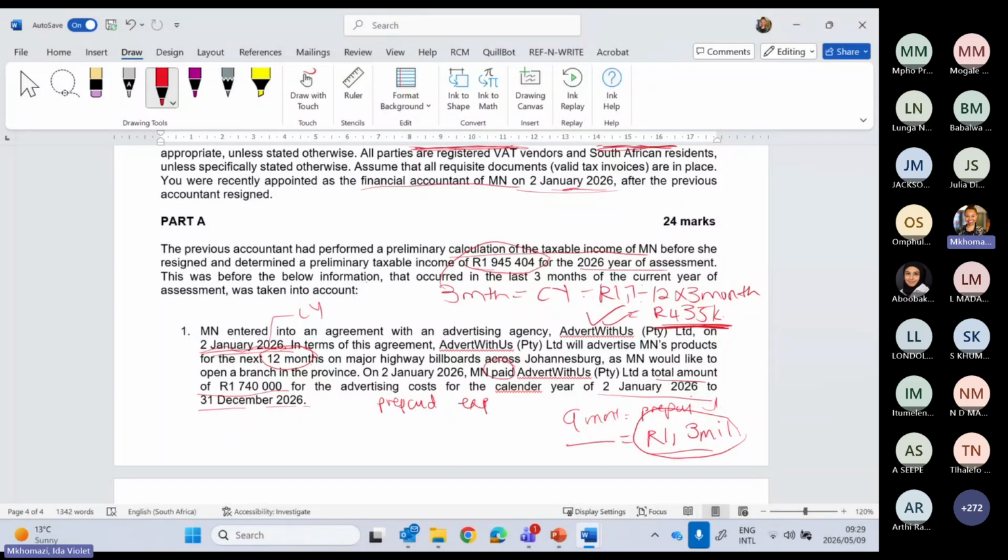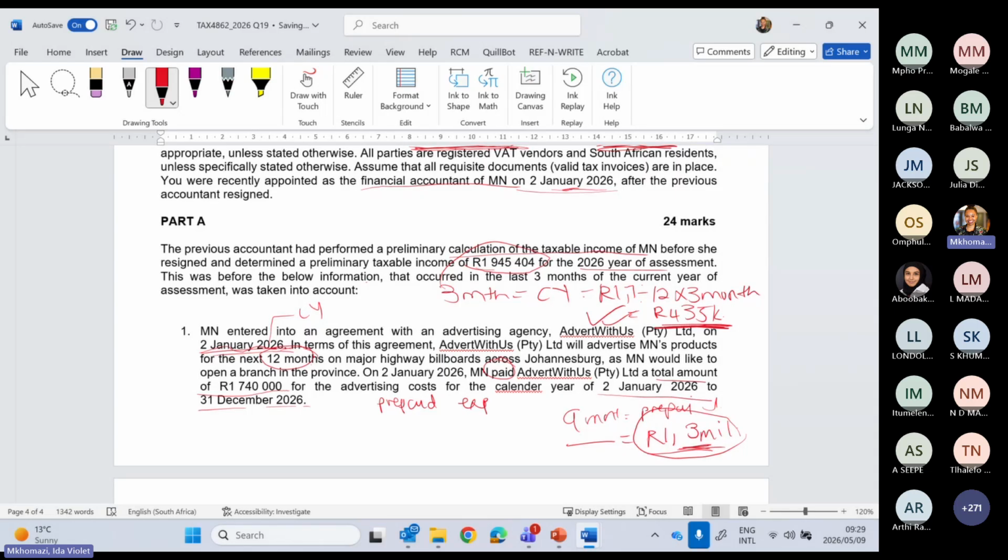This 1.3 million is clearly way above the 100,000. Therefore, Section 23H will disallow the deduction for this amount in the current year of assessment, right?